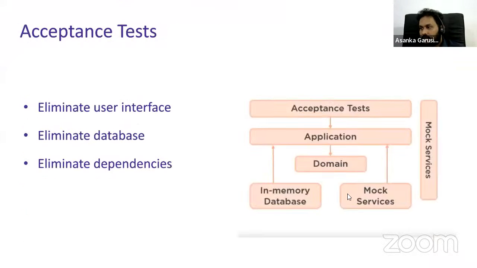So you can see whatever is under the infrastructure layer and some of the dependencies, we can actually eliminate those integrations. What I'm saying is that we can eliminate the user interface, right? So we are actually testing everything under the application layer.